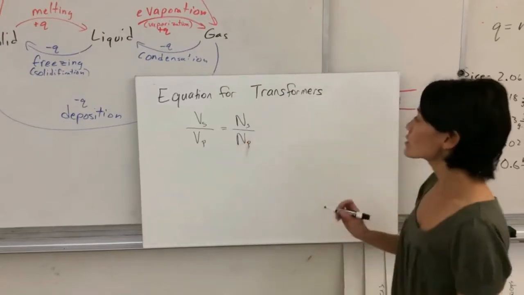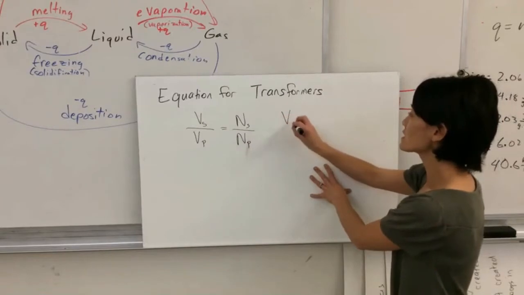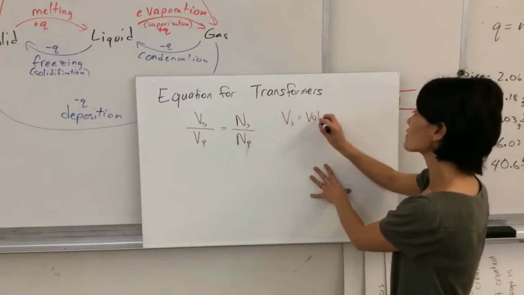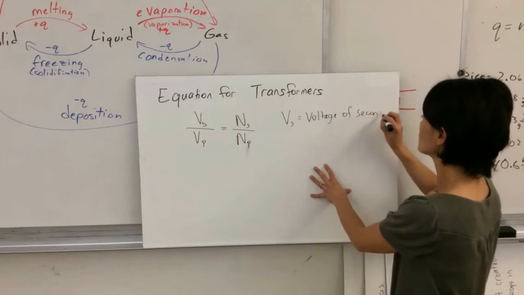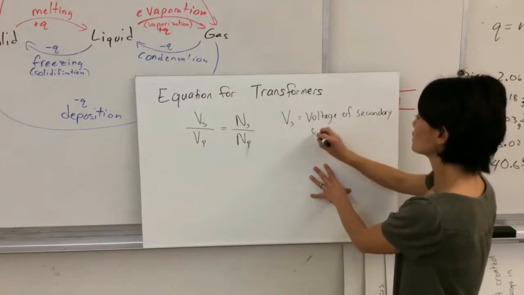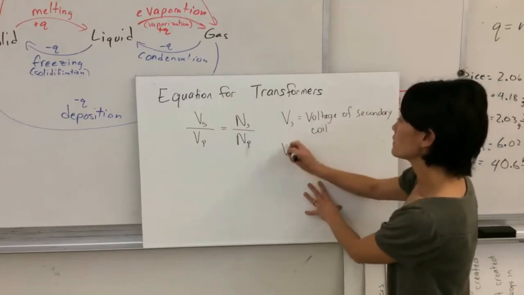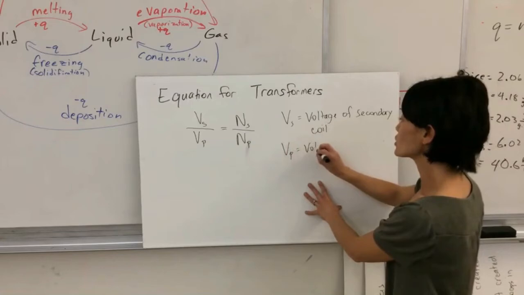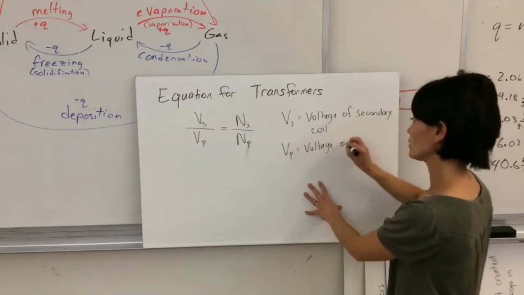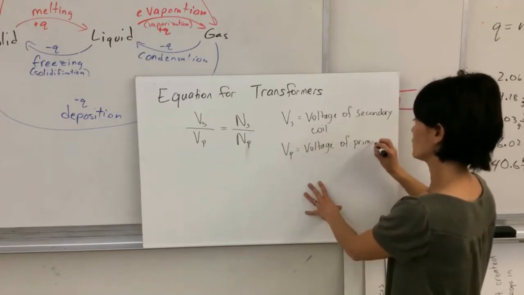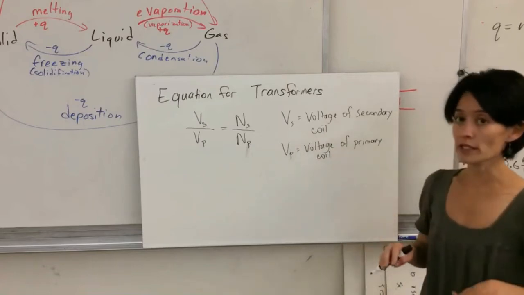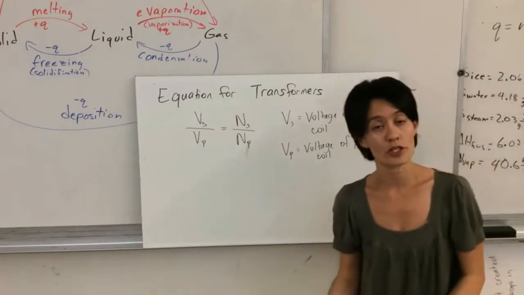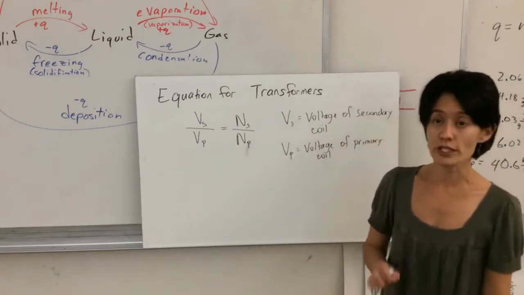Okay, so what do these quantities mean? Vs is the voltage of the secondary coil. Vp is the voltage of the primary coil. Primary being the one we send the alternating current through first, and then we induce a voltage in the second coil.